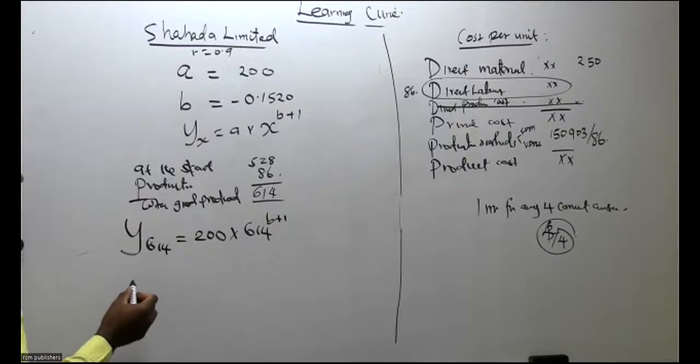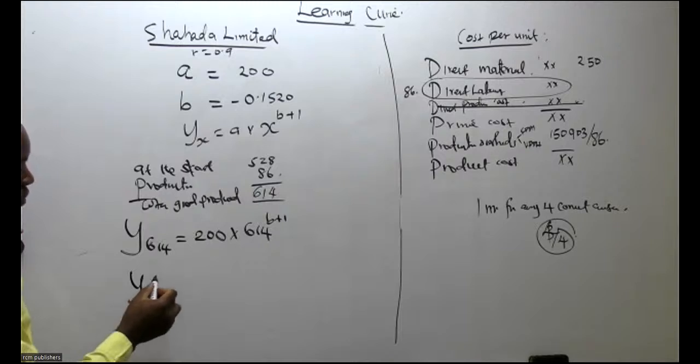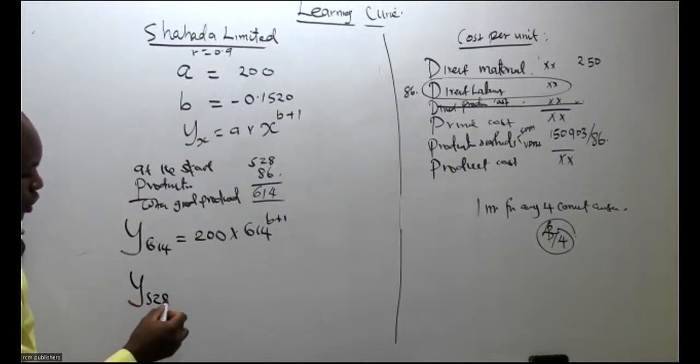Then I need to get the time taken to produce the first 528 units.